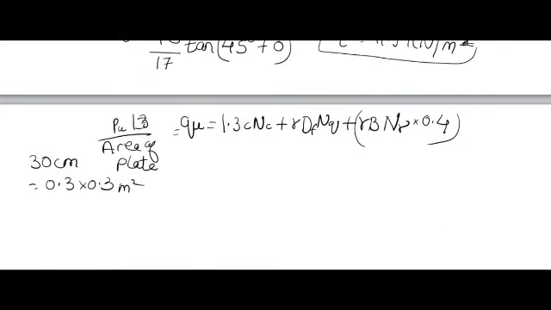So QU is nothing but PU by area, that is 13.5 divided by 0.3 into 0.3, which will be equal to 1.3 times C NC.